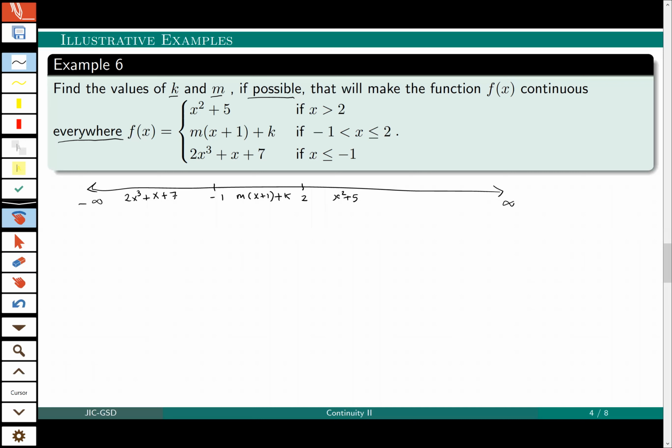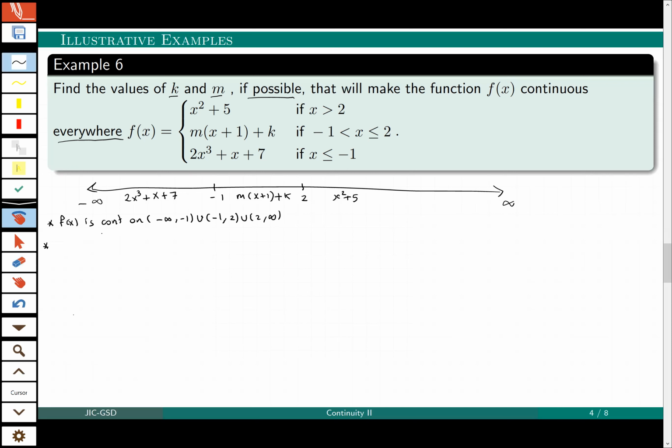Now, we should say first, we don't have a problem, since the function in each piece is definitely continuous in the interval minus infinity to -1, union from -1 to 2, union from 2 to infinity. It's continuous in each piece. Now we need to speak about x equal to -1, where I need to satisfy three conditions.